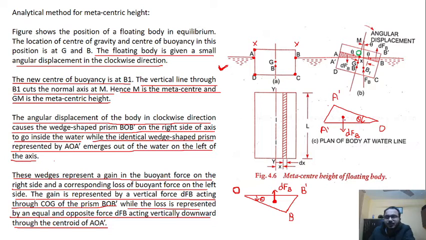Now if you see one more thing, here this dFb force forms a couple on both the sides. If we consider both of them together, then it is creating a moment in counterclockwise direction due to the dFb force couple. So it will try to bring this floating body back into the normal position.